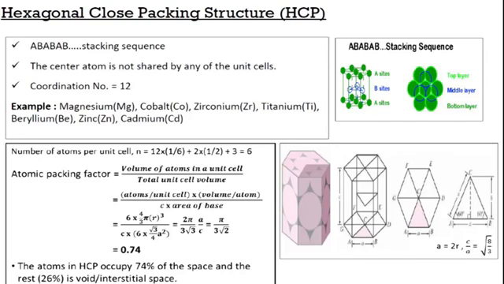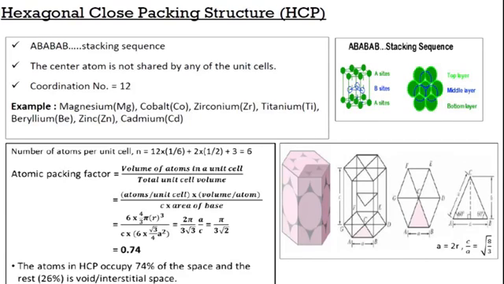You have A type and you have B type, again A type and then B type, that is how you are stacking each one of them. If you calculate the volume, you will see that this is about 0.74. That means 74% of the space is occupied and only 26% is free. So, this is the densest stacking sequence.